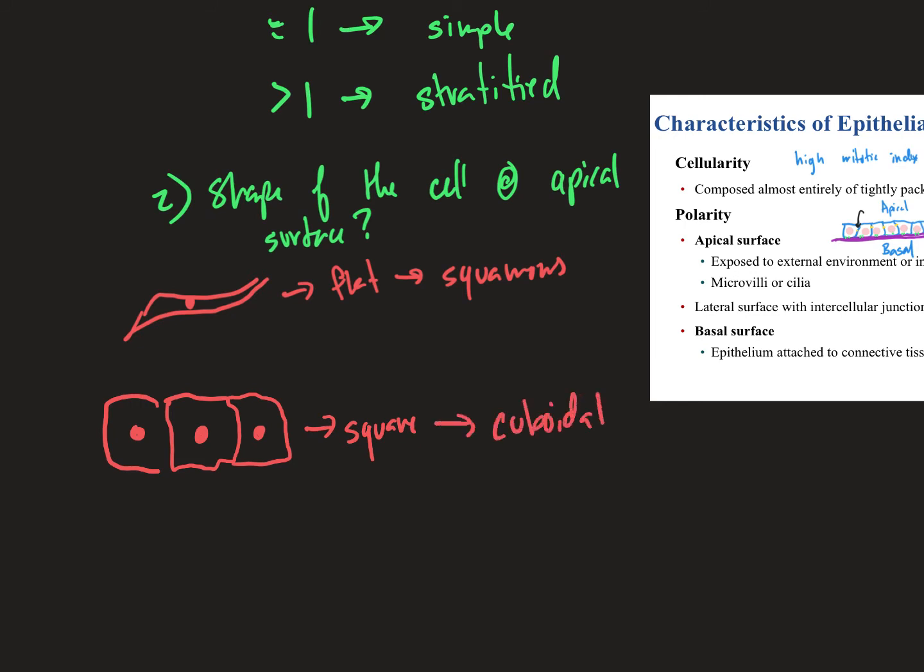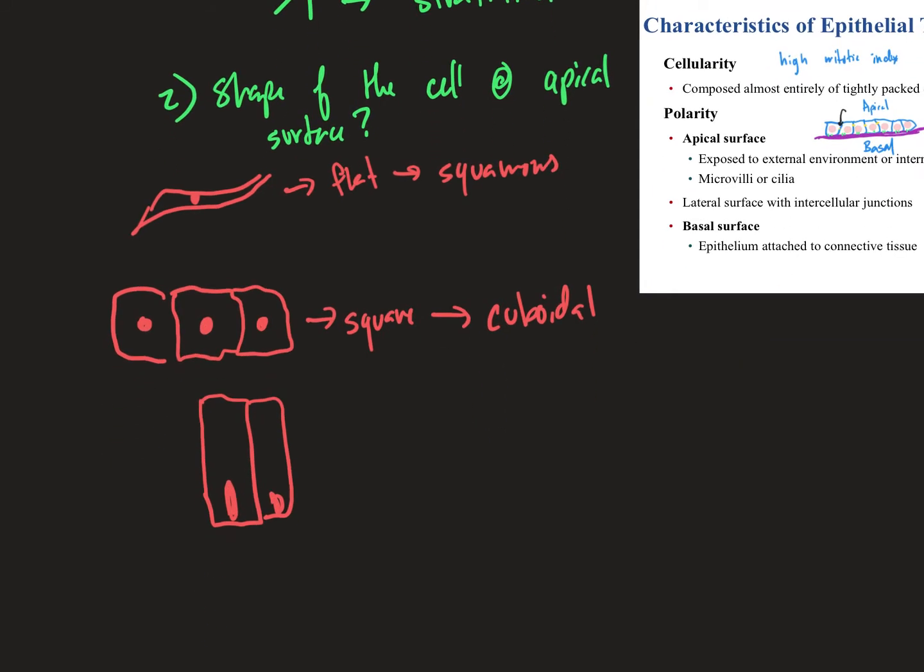Cuboidal. And then finally, if they are taller than they are wide, kind of this rectangle shape, that is columnar.